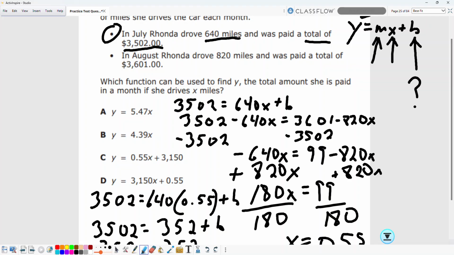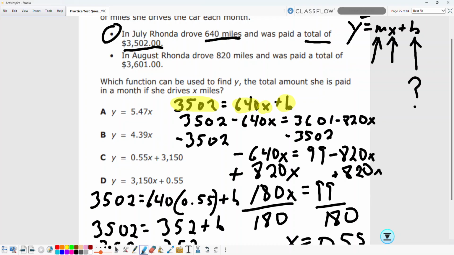All right. So Rhonda was paid a total of $3,502. Now, she got that total because she drove 640 miles times a certain number of miles, and then she had a starting salary. We don't know what that is.